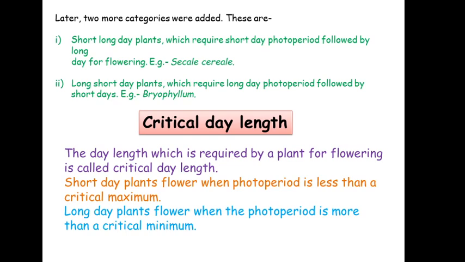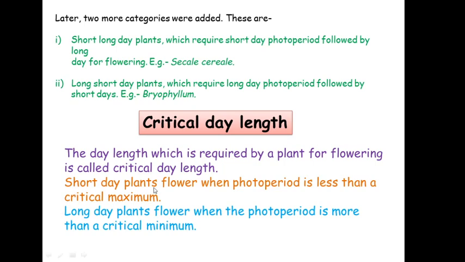So what is the meaning of this? This plant will flower if they are exposed to a photoperiod which is less than 12 hours. If you give them 13 hours of day length, if you give them 14 hours of photoperiod, they will remain vegetative, they will not produce flowers.